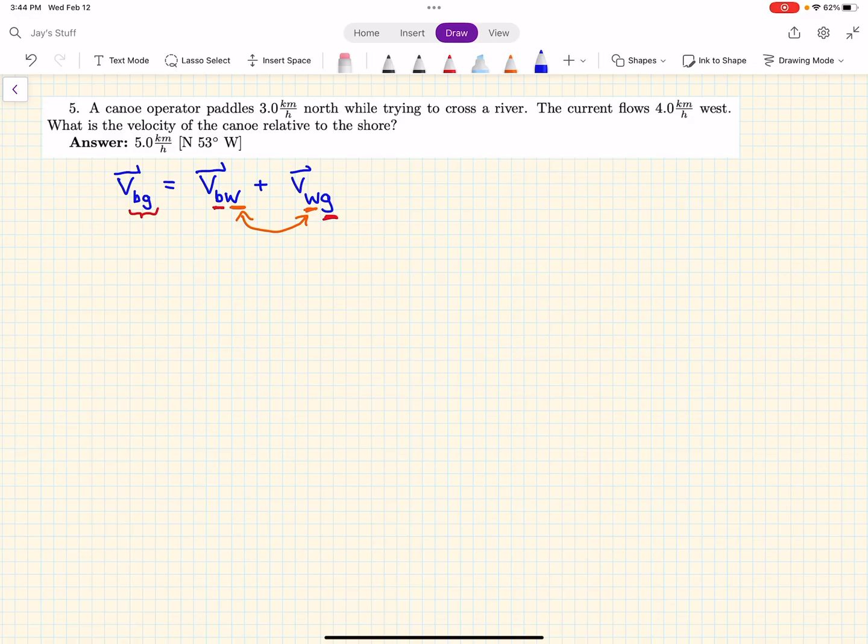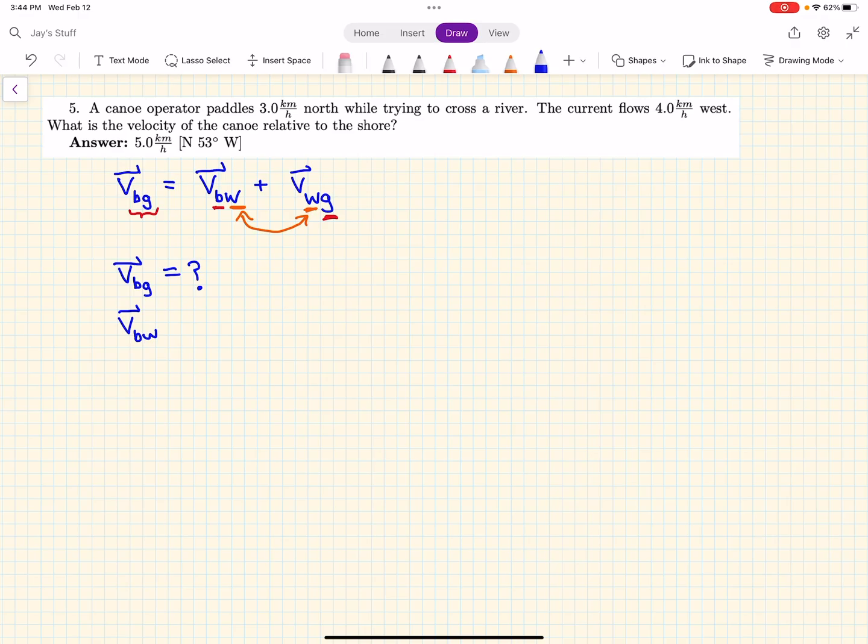So it's asking for the velocity of the canoe relative to the shore. So that is the velocity of the boat relative to the ground. So the velocity of the boat relative to the ground, that's what that notation means. That is the thing we're trying to find. The velocity of the boat relative to the water.